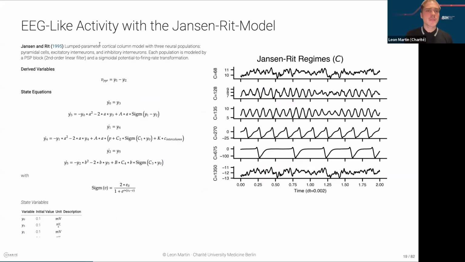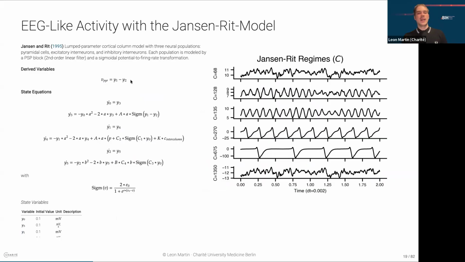And this is how it looks like. So this is the three population Jansen-Rit model. So we have a set of three second order or six first order differential equations, which model each cell population, like the pyramidal cell, excitatory and inhibitory interneuron.